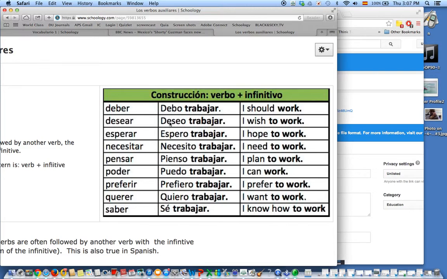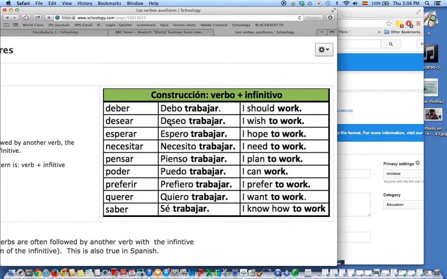Notice that debo is conjugated. That comes from the word deber. See, it ends in ER, so we got rid of the ER and put an O at the end. That tells you who's doing the work, the subject, because it's an O, it's yo. So yo debo trabajar.